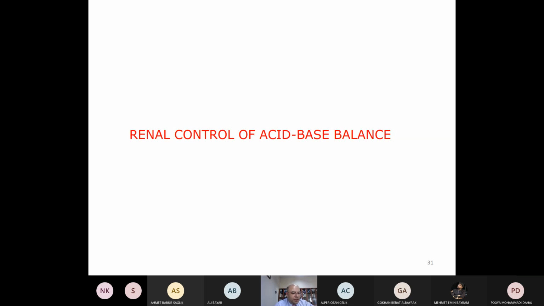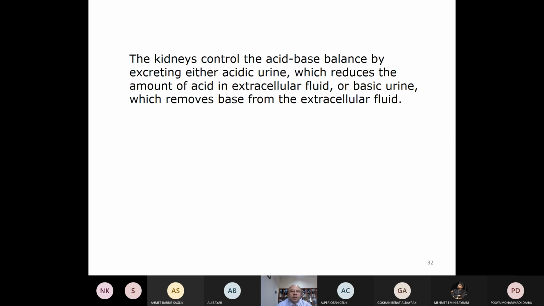Now, renal control of acid-base balance. Kidneys control the acid-base balance by excreting either acidic urine, which reduces the amount of acid in the extracellular fluid, or basic urine, which removes base from the extracellular fluid.